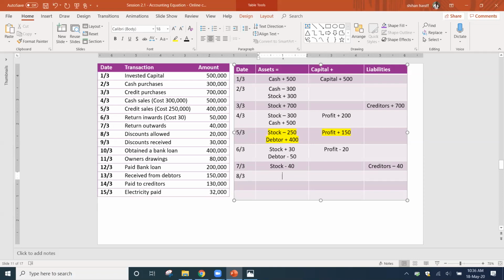Giving discounts. We are giving discounts to the debtors. Debtors will reduce by 20. Giving a discount is an expense. Therefore, capital will reduce. Discount allowed is expense. Capital will reduce.